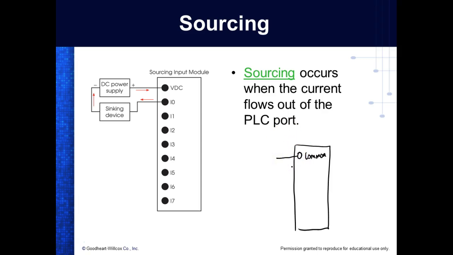Common means it's just a common connection. Now, normally we think of it as the return, but that's not exactly always true. And that's the problem we have because normally when we draw circuits, we have one of our leads being the common. But what does common mean? Well, it's just a common connection point for the devices.